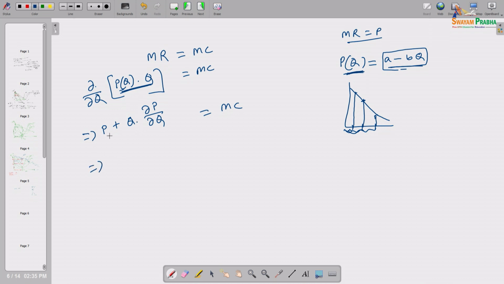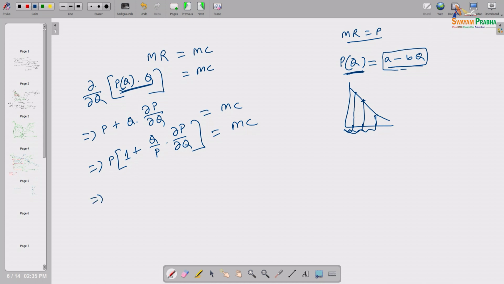So, MR, if I take price common, will be P times 1 plus Q by P into del P by del Q on the left hand side, and the right hand side equals MC. That is your condition.